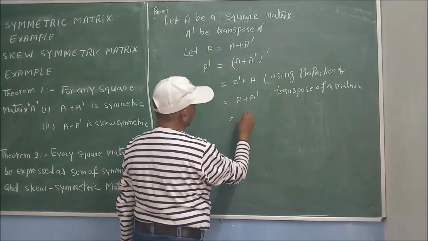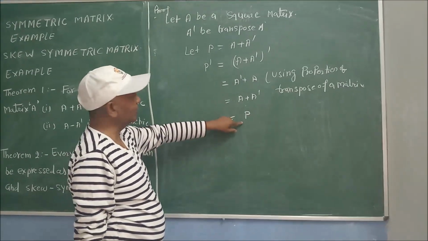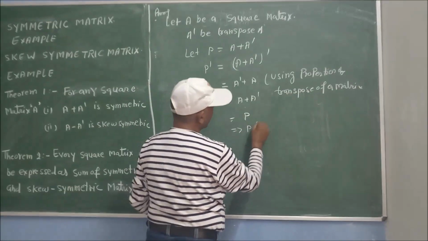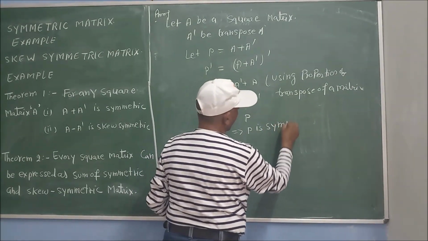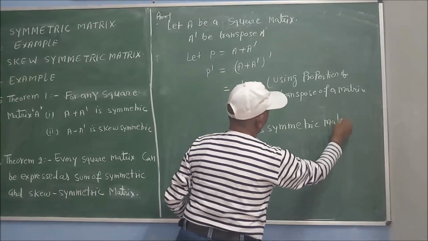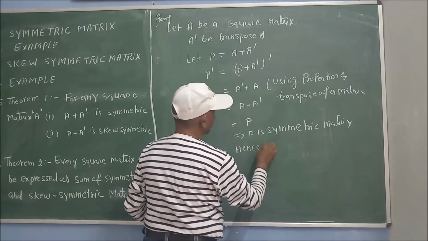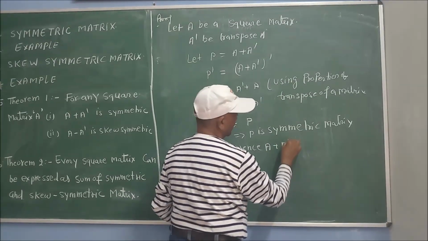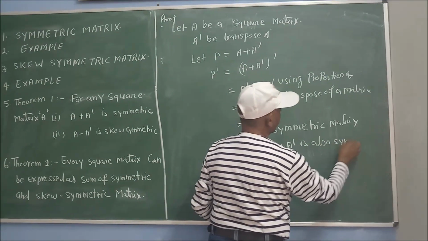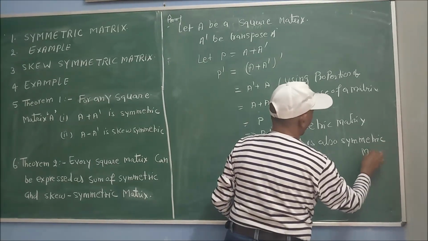So this is nothing but equal to P. So we have proved that P dash is equal to P. This implies P is a symmetric matrix. Hence A plus A dash is also a symmetric matrix.